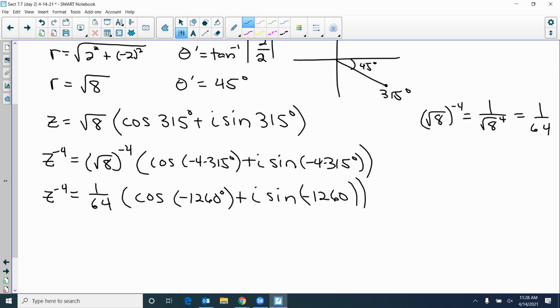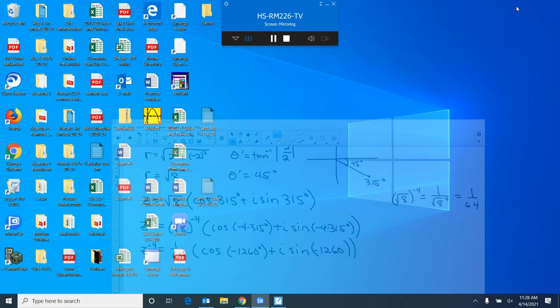All right, now I would find the coterminal angle. I would just add 360 till you get a positive angle, unless you know where negative 1260 is at. It's going to end up being a decent angle, if I remember right. Let me just get my calculator out real quick.